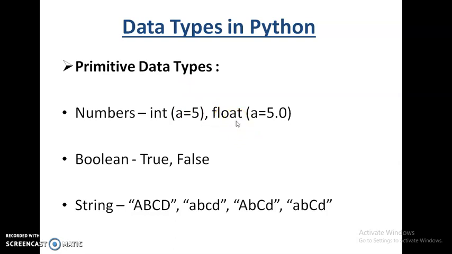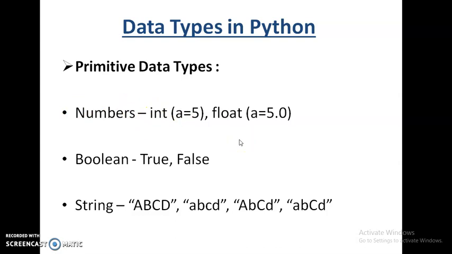Now let us see float. As we have seen earlier, float means decimal points. If we want to assign some decimal number to a given variable, we should use the data type float. Actually, in Python, we do not have to write the type of data explicitly while writing a program.